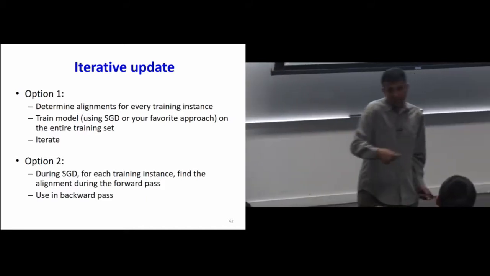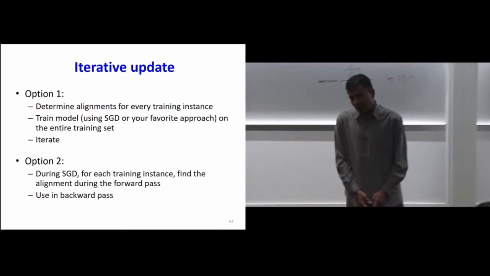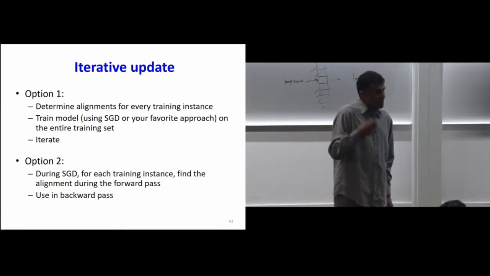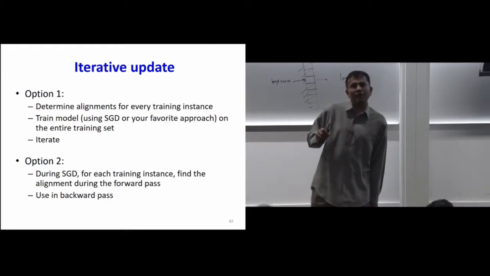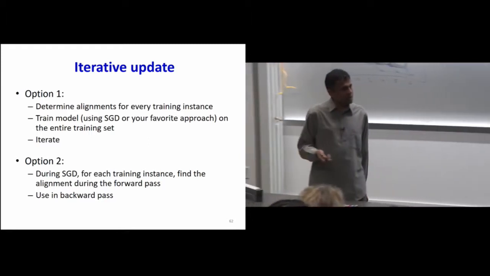Because after seeing each training instance, I would have updated my parameters. Right? So different ways of doing it. But the basic idea remains the same. When you're not given the alignment, you will guess the alignment and then work with this guessed alignment.